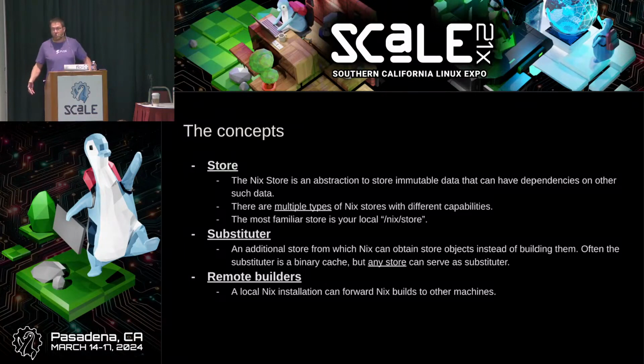So what is the store, right? The store, often we think about this as, oh, this is just in my machine, /nix/store. Great, that's where the files go. And that is one instantiation of it, probably the most common one you'll see, the one you're familiar with. But there's a notion of a store that's a bit more abstract, that's just a place where you have data that's immutable, and it can have references to other pieces of data.